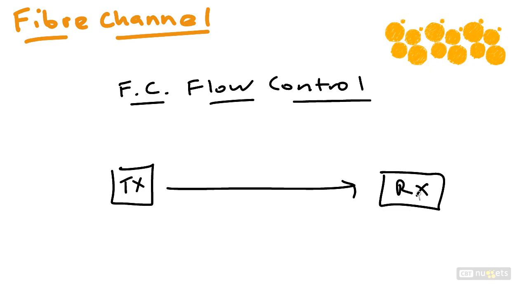So what Fibre Channel engineers did was they implemented what is called a credit-based strategy for flow control within the particular technology. Specifically, here's how it works. The transmitter won't send a frame until the receiver tells the transmitter it can accept another one.